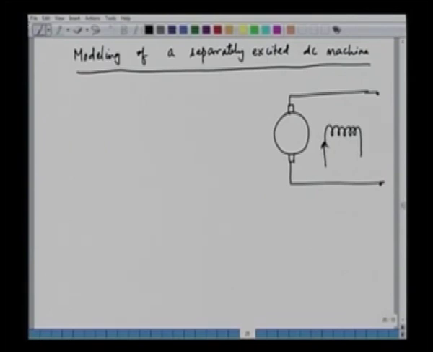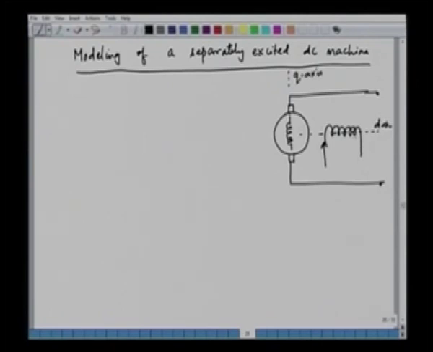This is the field winding, and this armature winding can be replaced by a pseudo stationary winding, as we have already seen, with the two brushes. So here we have only two windings, one in the D axis, this is our D axis, and this is the Q axis.